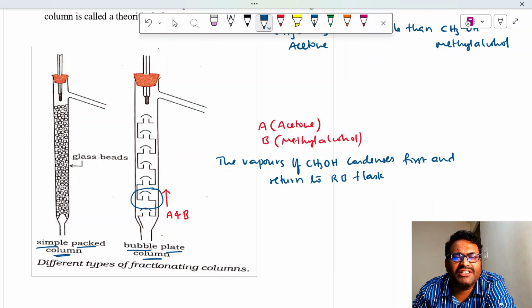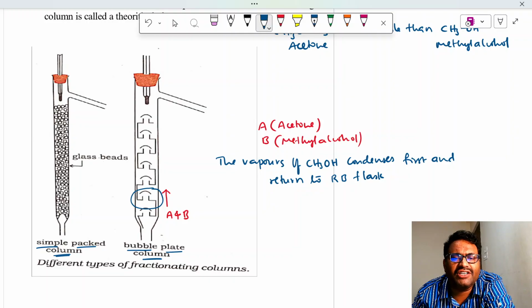So what is happening when both liquids' vapors are moving in this fractionating column? The one which has the higher boiling point will condense first. Why is it condensing? Because there is exchange of heat in this fractionating column. There is some equipment, and when these vapors touch that equipment, automatically they transfer heat. They will lose heat. When they lose heat, which condenses first among methyl alcohol and acetone? Methyl alcohol will condense first.